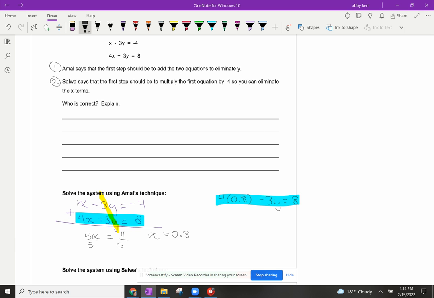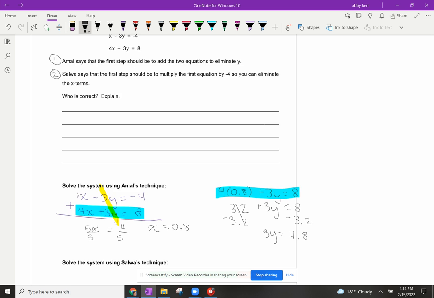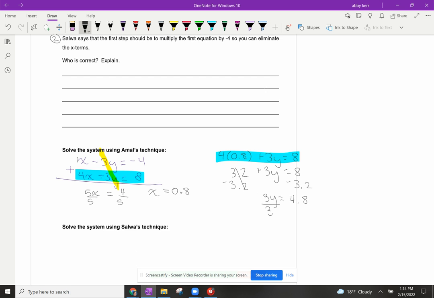So 4 times 0.8 is 3.2. Once again, you can keep this a fraction if you want. I think it's easier to deal with terminating decimals. So then 8 take away 3.2 would get me 4.8. And now it's just a one step. So 4.8 divided by 3 is going to get me 1.6.